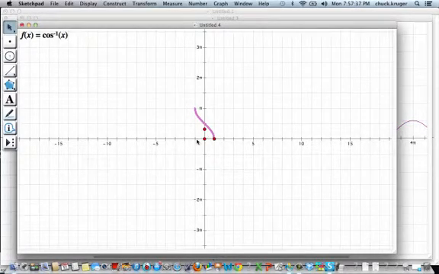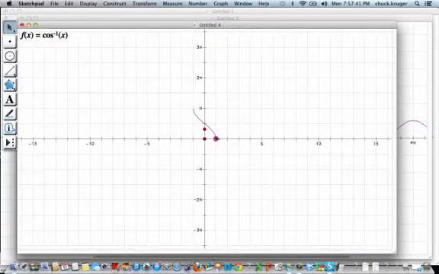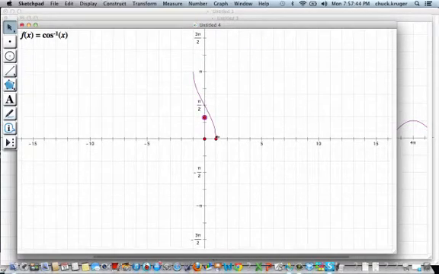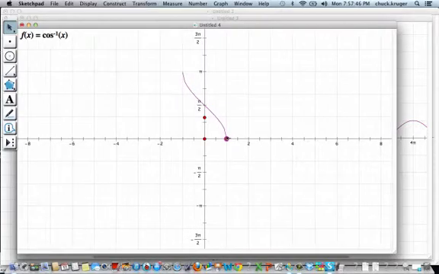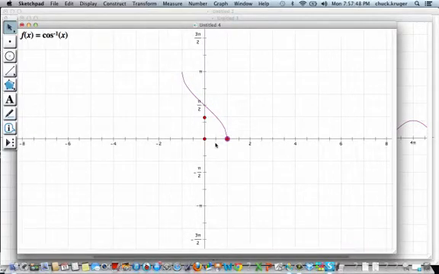And you can see this is going from, let me make this a little bit bigger, right here, this is negative 1 to 1 again. And this is going from 0 to pi. And so that's what the arc cosine looks like.